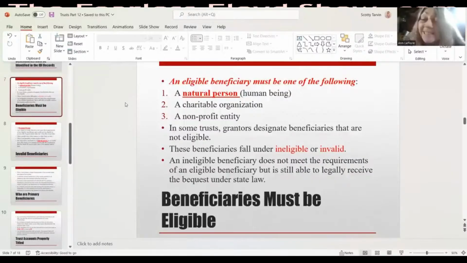Plain and simple. When they're talking about ineligible, an ineligible person could actually be somebody leaving something to their dog or their cat or their boa constrictor or something. When they do something like that, they literally have to assign a guardian.